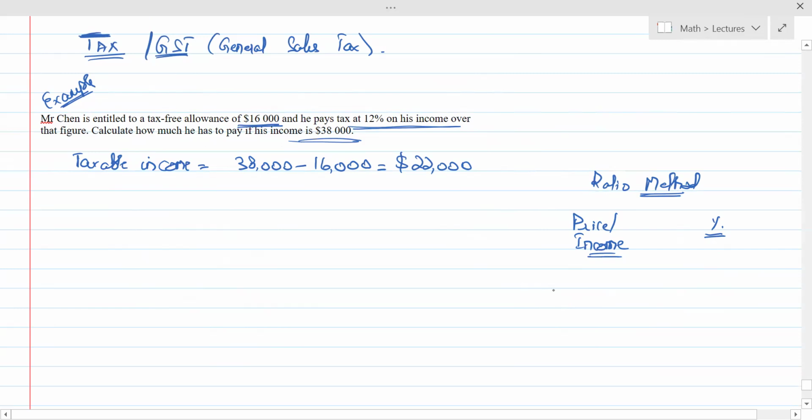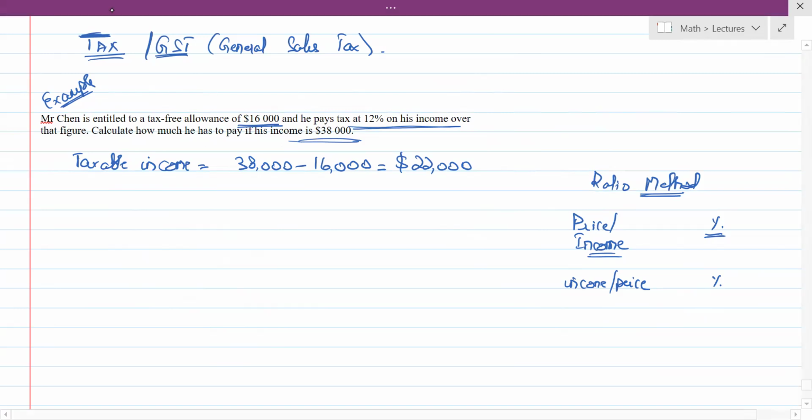The first row of values is the original amount, which is your taxable income or the price, which is always against the 100.